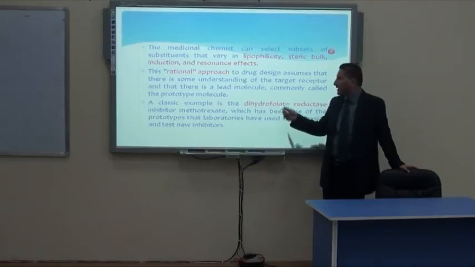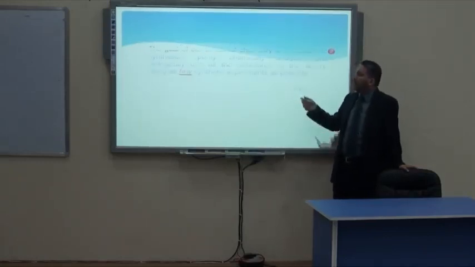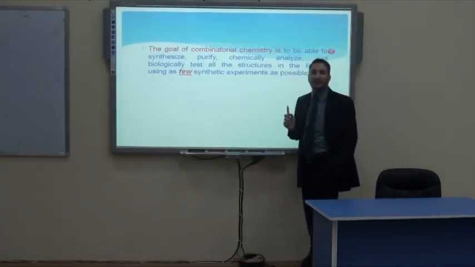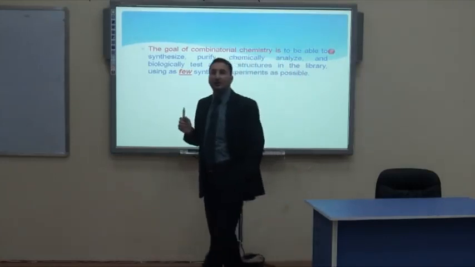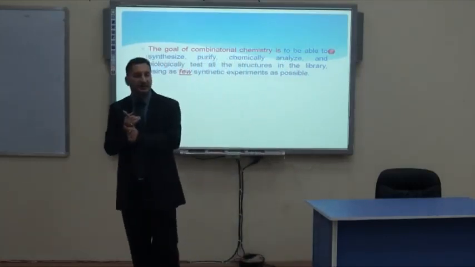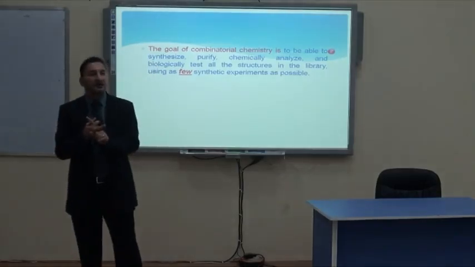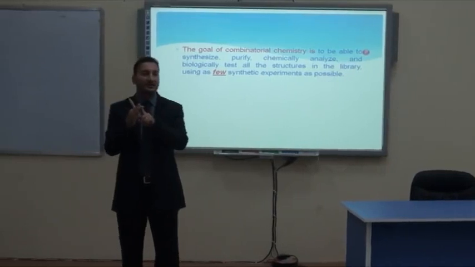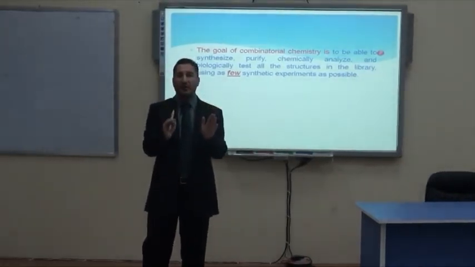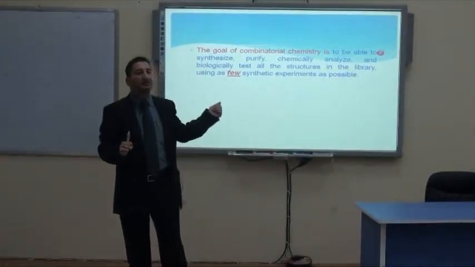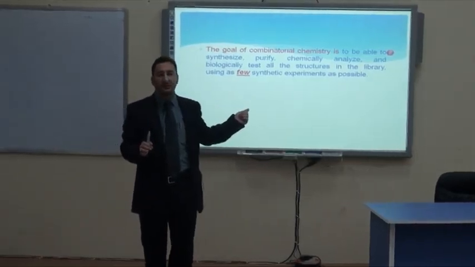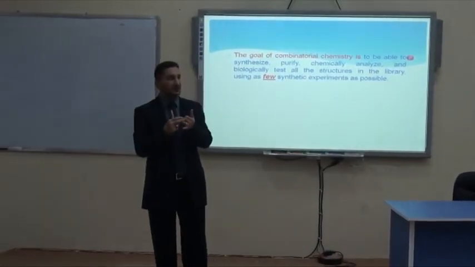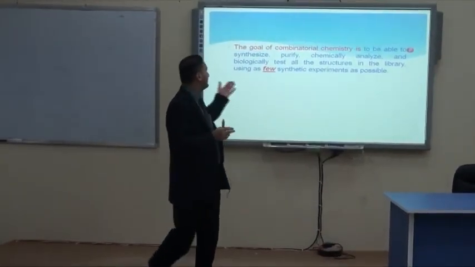Third type of approach in drug design. Before that, what is the goal of combinatorial chemistry? The goal of combinatorial chemistry is to synthesize, purify, chemically analyze, and finally biologically test. If we stop at this point, these are the same goals as a classical one, which is also synthesize, purify, chemical analyze, and biological test.